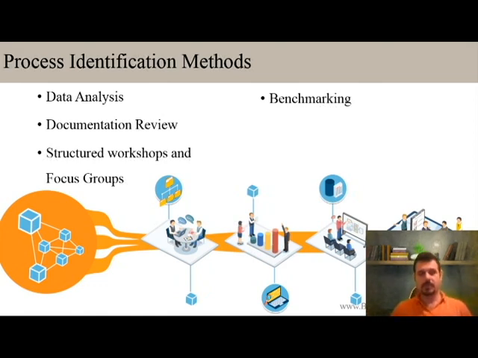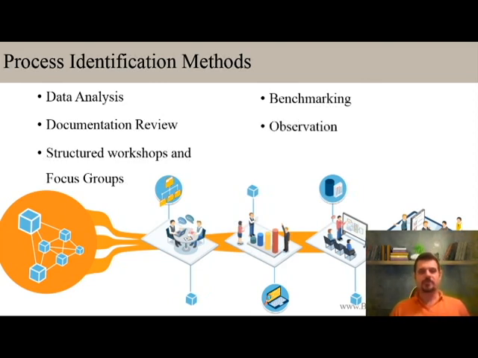So benchmarking can help you compare which processes live in your framework with your situation. After that, you can distinguish the processes in your organization and see which processes exist in your organization. The next methodology is observation.